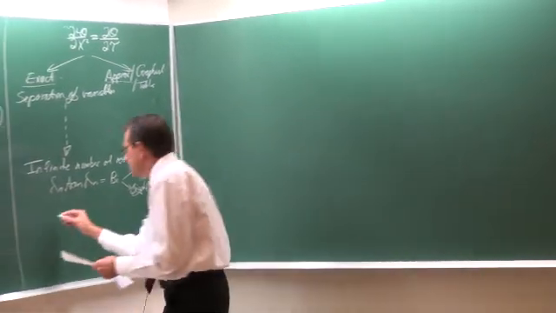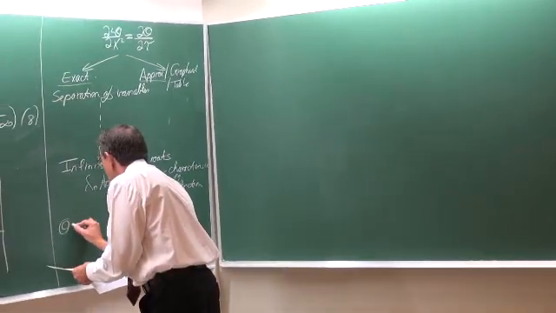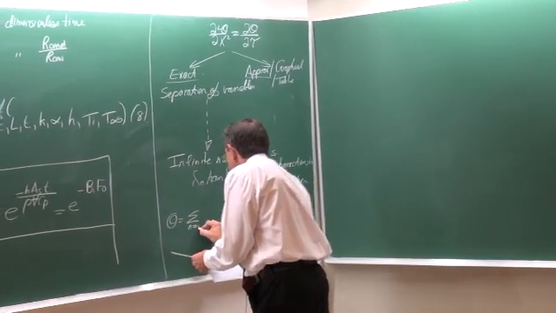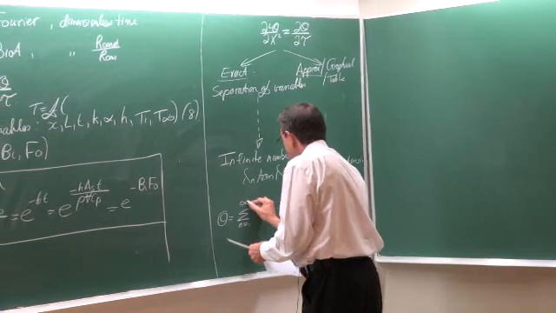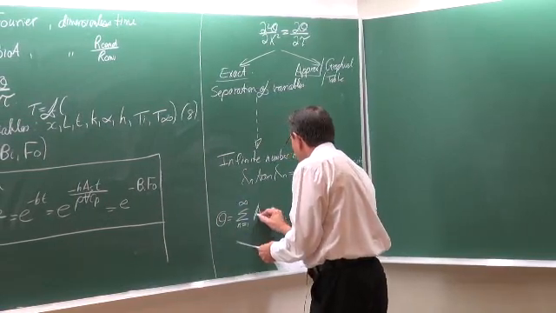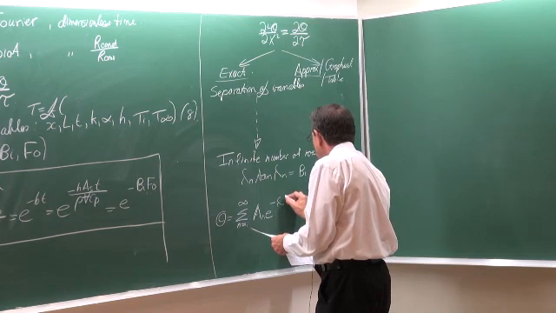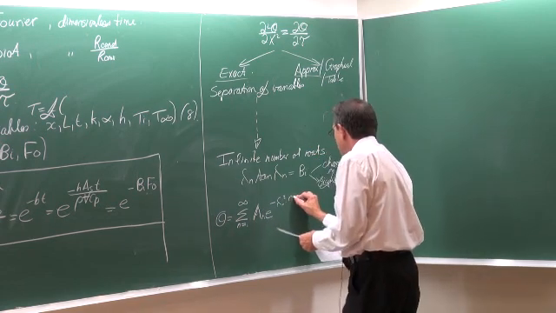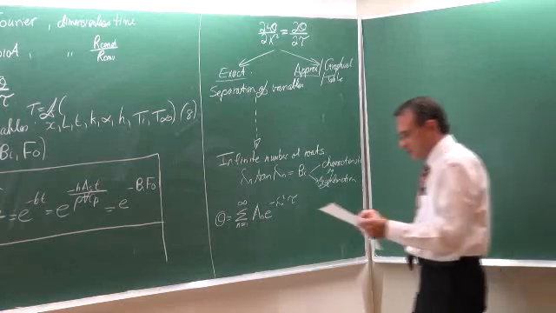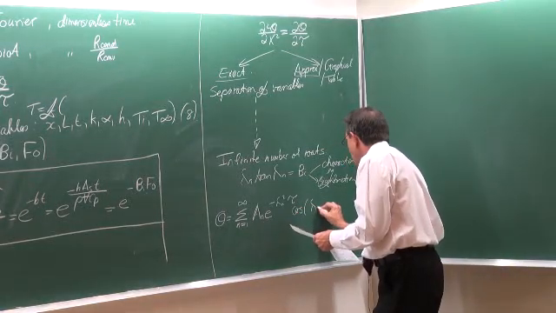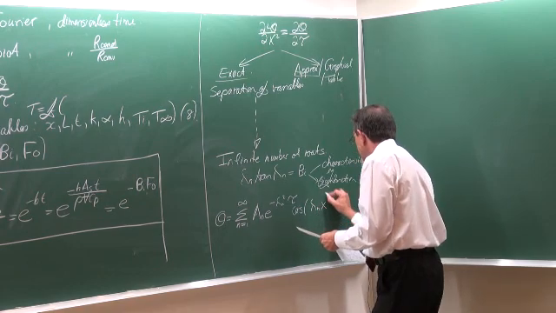And the result of this is that theta is equal to an infinite series, n equal 1 to infinity, of A n e to the minus lambda n squared tau multiplied by cos of lambda n multiplied by x.